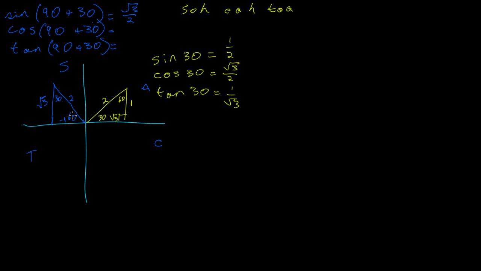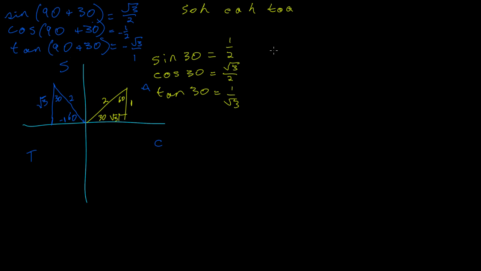With cos, we have our adjacent over our hypotenuse, which is going to be minus a half. And with our tan, it's going to be opposite divided by adjacent. So that's going to be negative root 3 over 1. So why did I show you all of this? Can we write these things down in concrete terms? We actually can. And we do have some time, so let's do that.